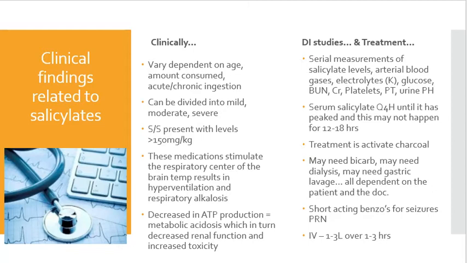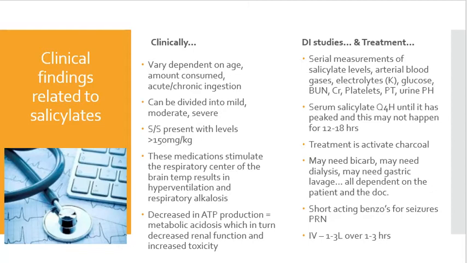Direct GI irritation causes nausea, vomiting. Sometimes there's blood in the emesis. Patients may also exhibit hyperthermia, renal failure, tinnitus, and hypoglycemia. Salicylates stimulate the respiratory center of the brainstem, resulting in hyperventilation and respiratory alkalosis.